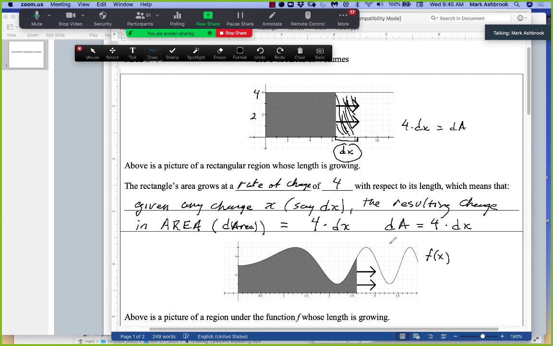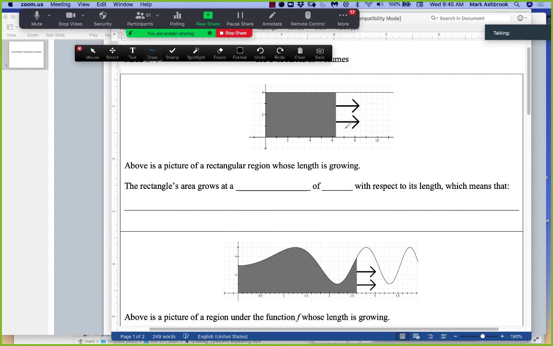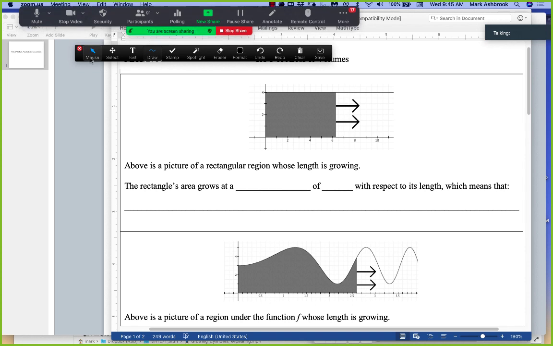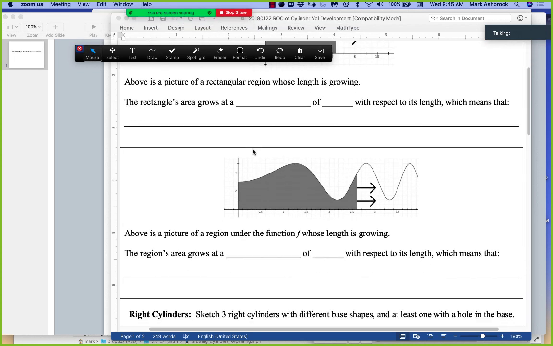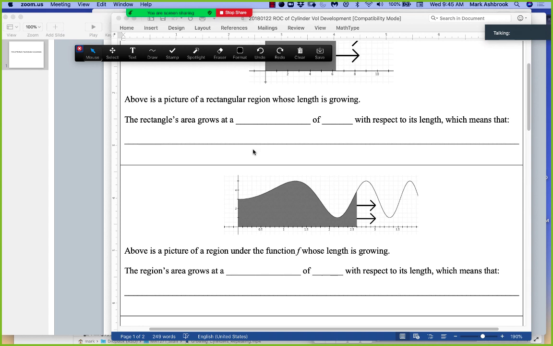Okay, so what about for a changing function then? This region grows at, again, a rate of change of what? What's the value of the rate of change now?